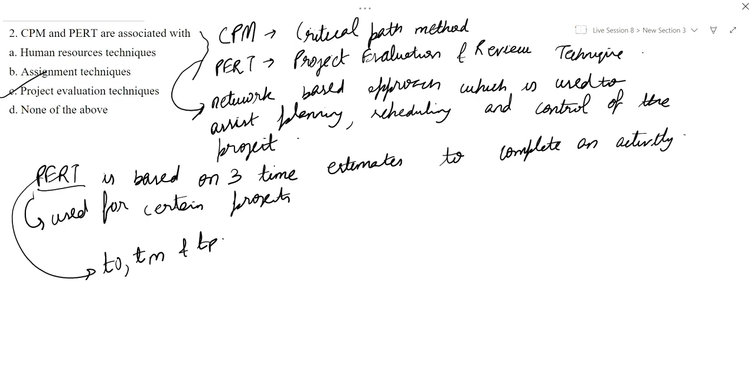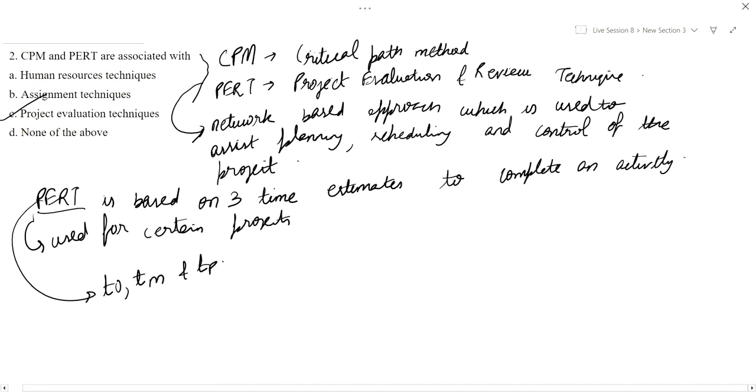Now, what is T0, TP and TM? T0 is the optimistic time, TP is the pessimistic time, TM is the most likely time. Now, PERT is used mostly for uncertain projects, and it is based on three time estimates to complete an activity.